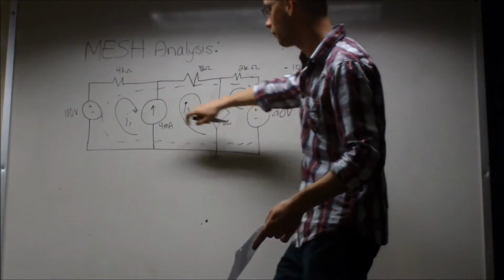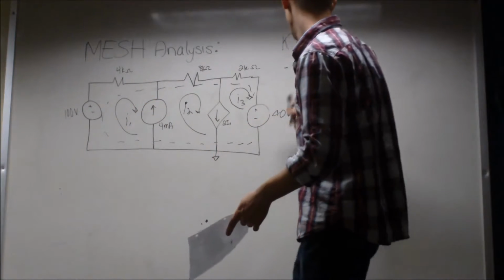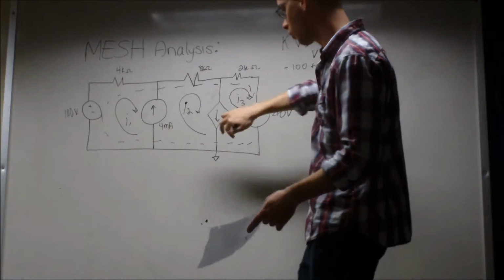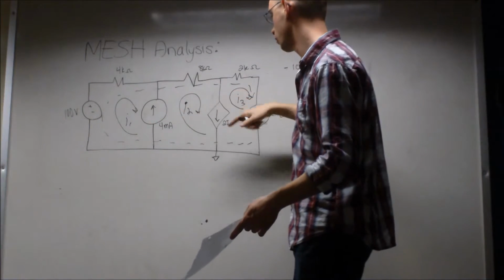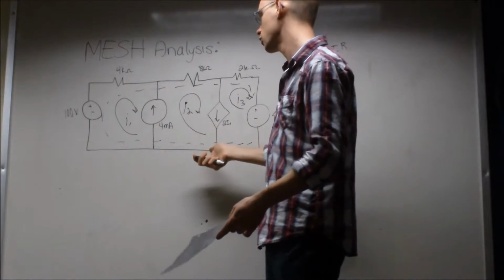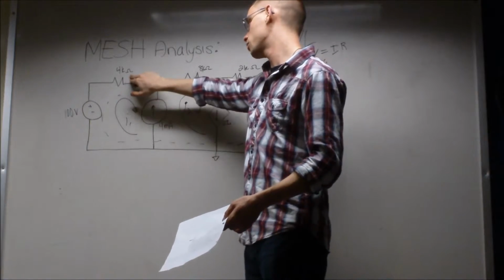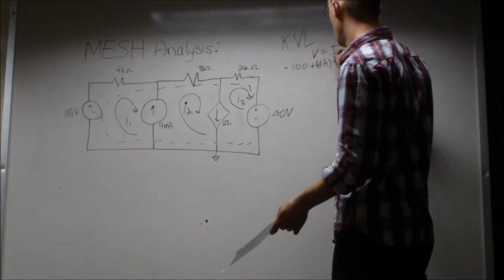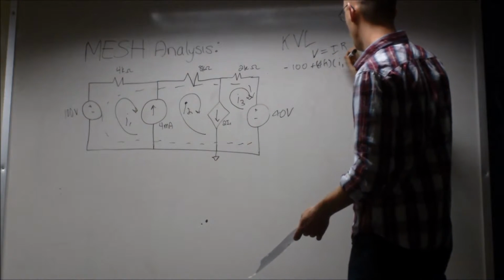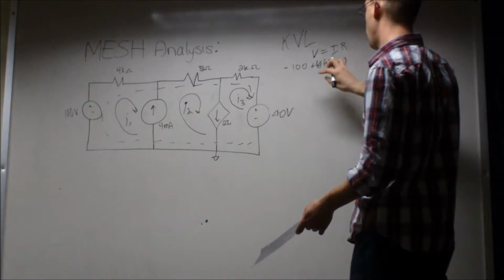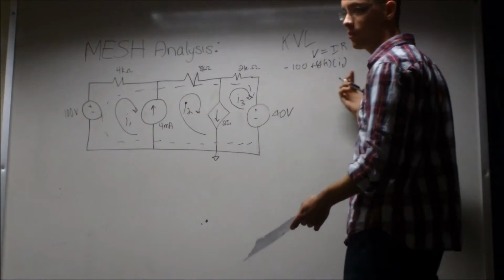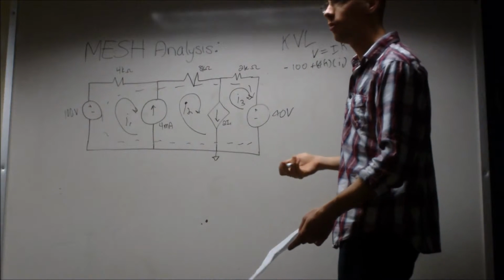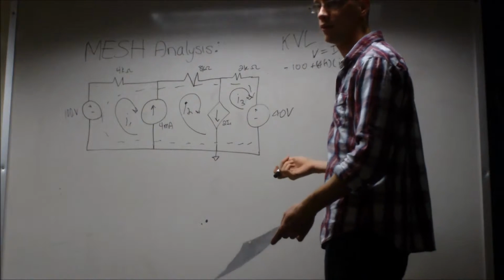So you have negative 100 volts, and then a 4 kilo ohm resistor. You still want to keep in mind I1, I2, and I3, which exist in the actuality of the circuit. That I1 is attached to the 4 kilo ohm resistor, so we denote that as 4K times I1. That IR is also voltage, so you're summing up the voltages in the entire loop and setting the equation equal to 0 because it's supposed to net 0 volts.